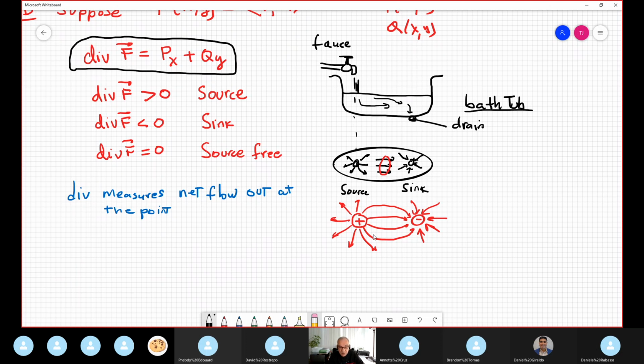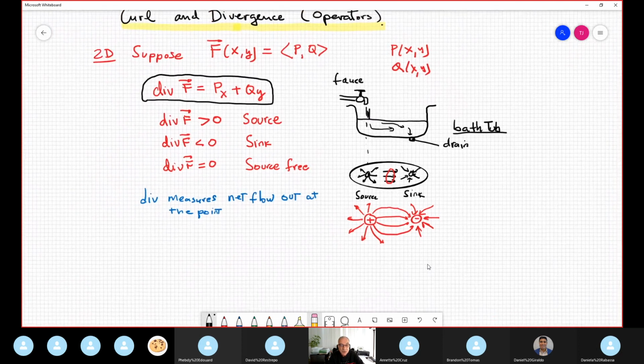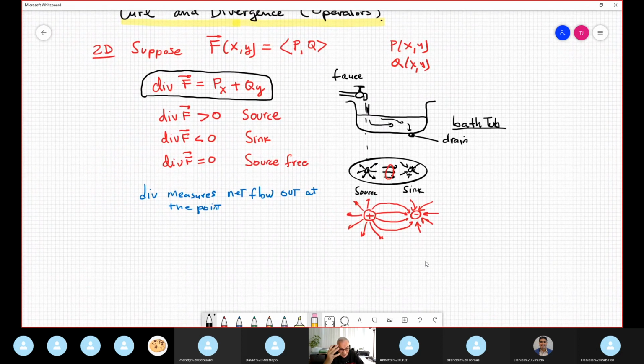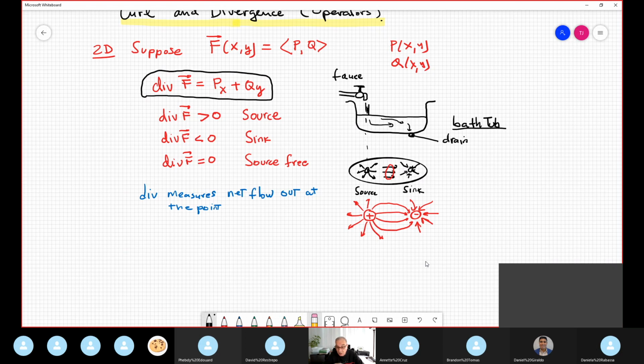Does everyone understand this so far? Answer me. It's clear? The divergence operator can help me to understand the net flow out of a specific point. Yes or no? Do you understand? You don't understand? I will try to explain. Good.